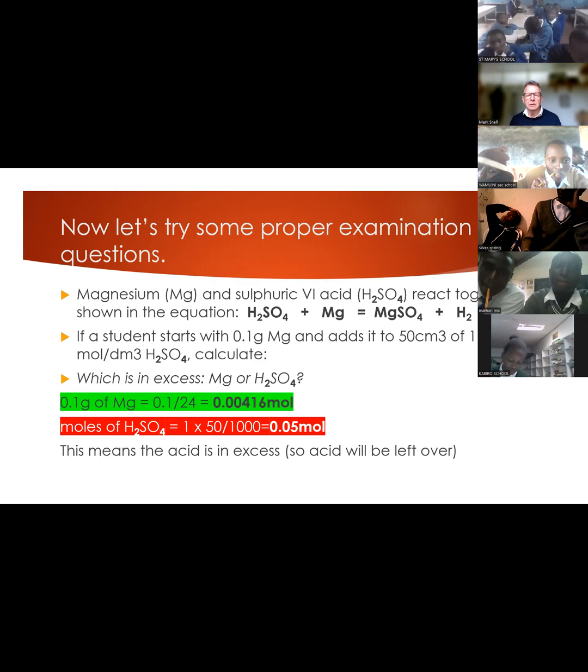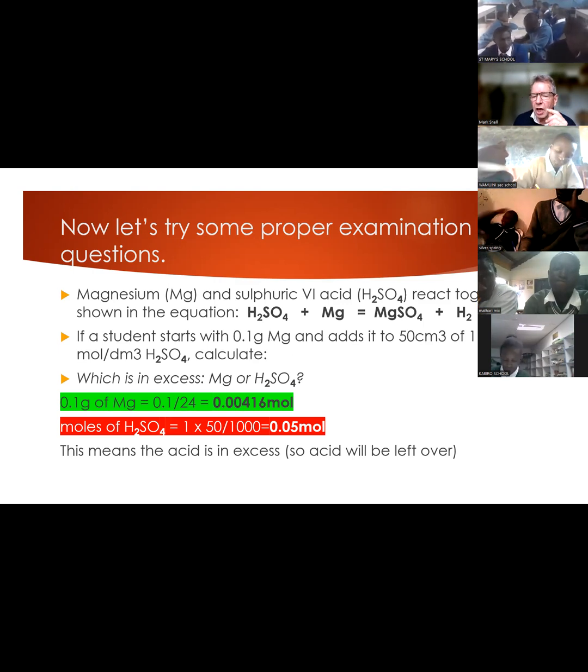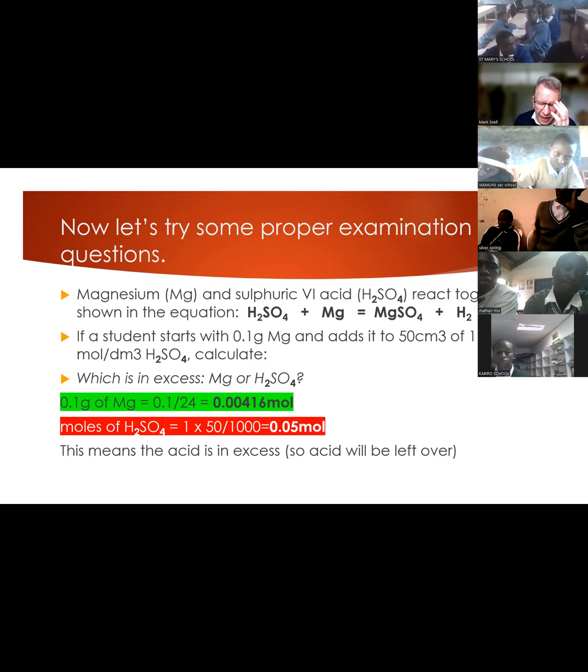Look at that again. Very simple. 0.1 grams of Mg. That's the first triangle. Moles equals grams over RAM. So that's 0.1 over 24, which is the RAM of Mg. And that's 0.00416.